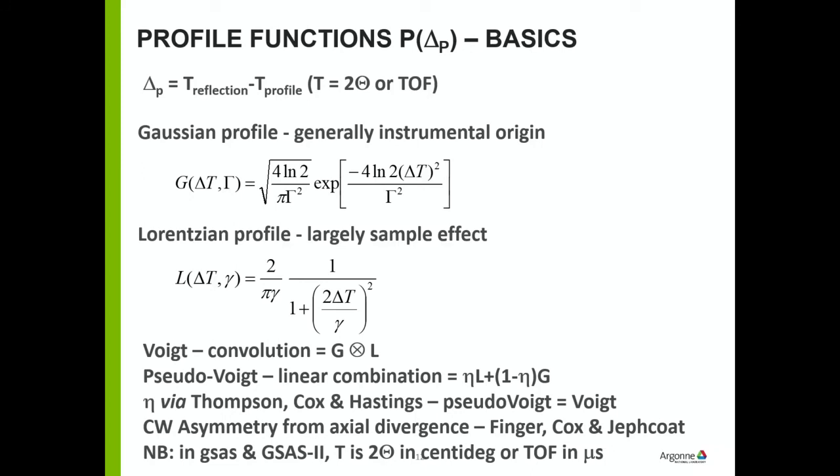By the way, again, if you look around in the literature, you'll find back in the 70s and the 80s, lots of thoughts about, well, sample broadening is Gaussian and microstrain broadening is Lorentzian, et cetera, et cetera. This is, again, also nonsense because it's a misreading of the original literature by Warren.